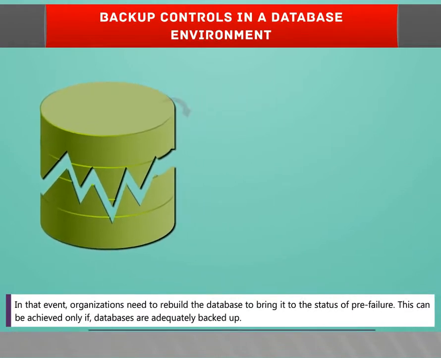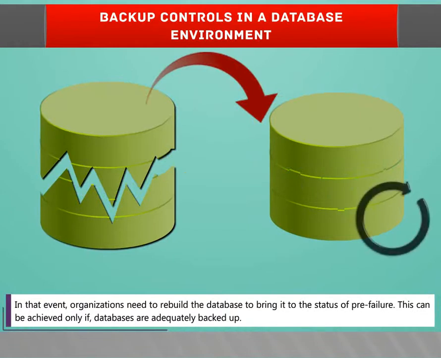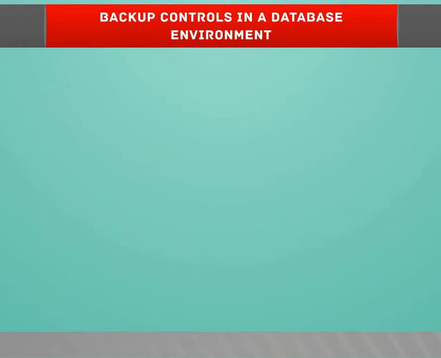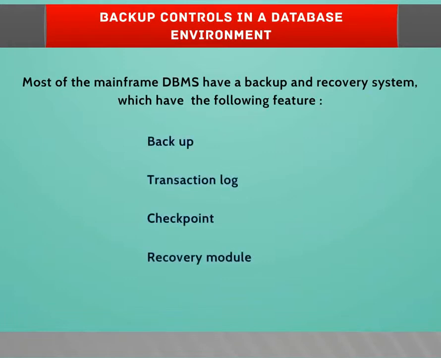In that event, organizations need to rebuild this database to bring it to the status of pre-failure. This can be achieved only if databases are adequately backed up. Most of the mainframe DBMS have a backup and recovery system which has the following features: backup, transaction log, checkpoint, recovery module.